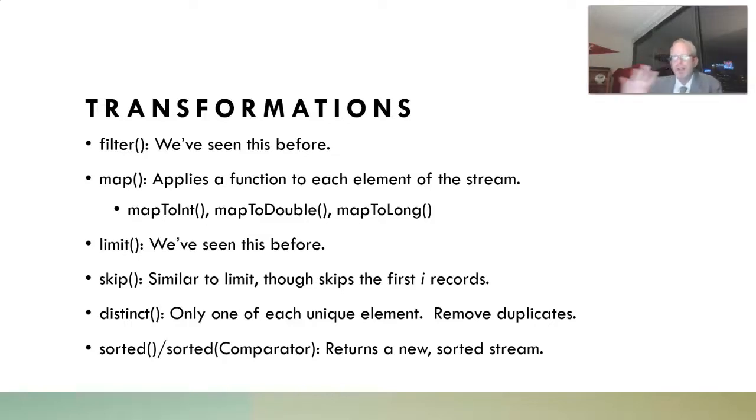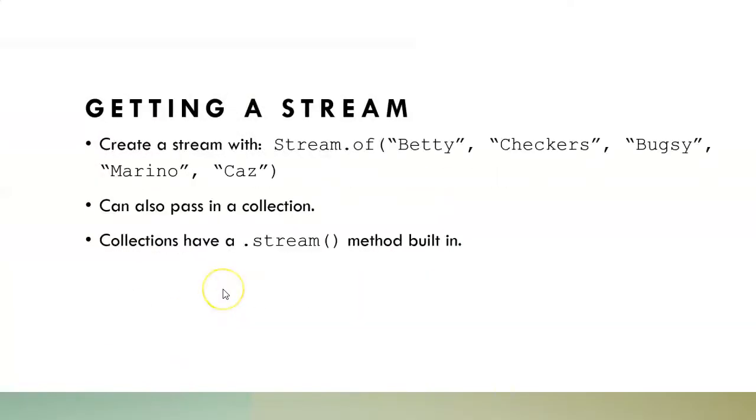So maybe we want to skip the first 5 and then start processing. That's where skip would be handy. Distinct, make the elements unique. And then sorted, or sorted with a comparator, returns a new sorted stream. So a lot of the operations we have on traditional collections: sorting, accessing items, making them distinct with something like a hash map. A lot of those things we can do in our streams as well.